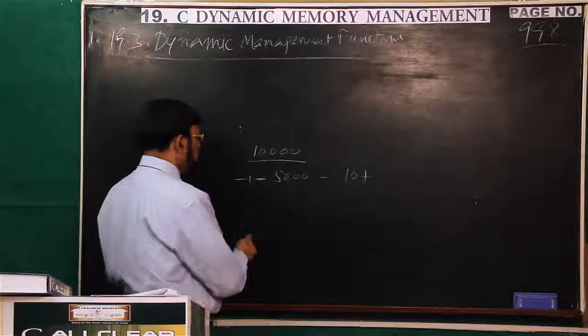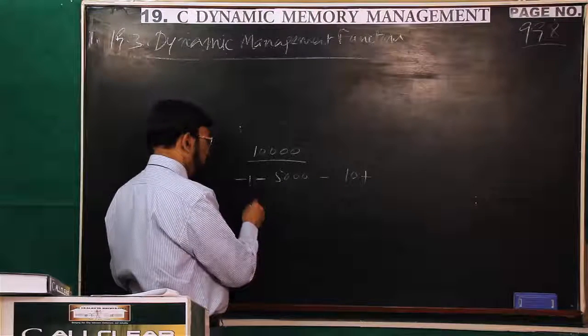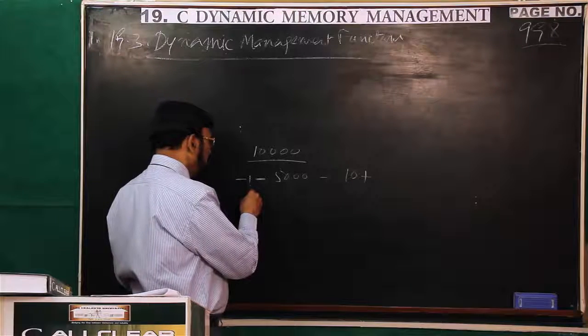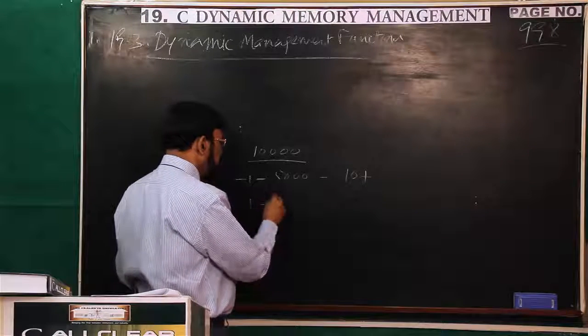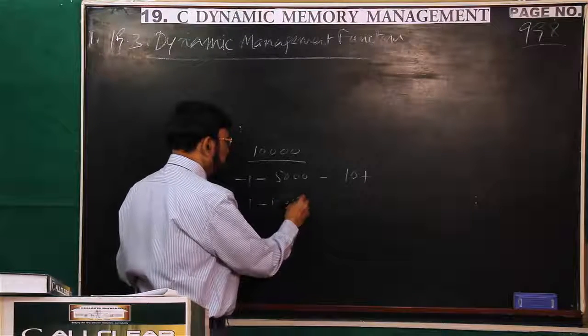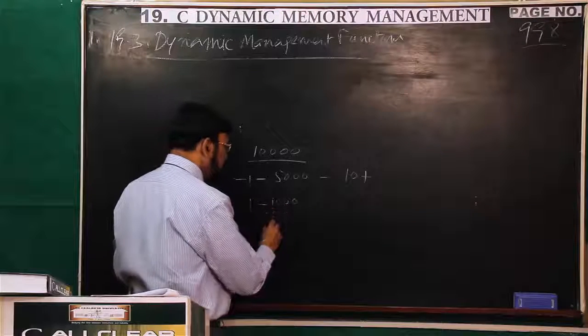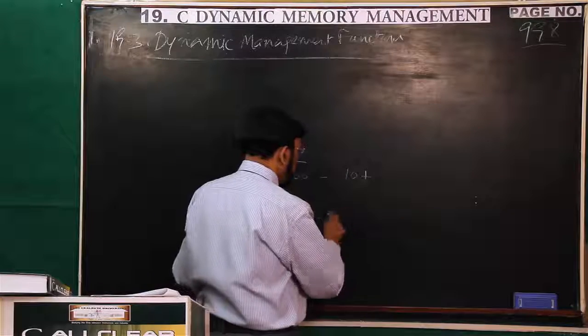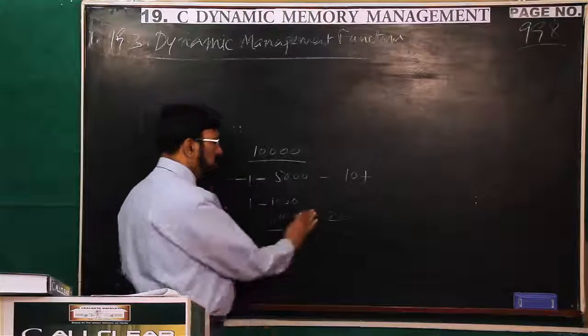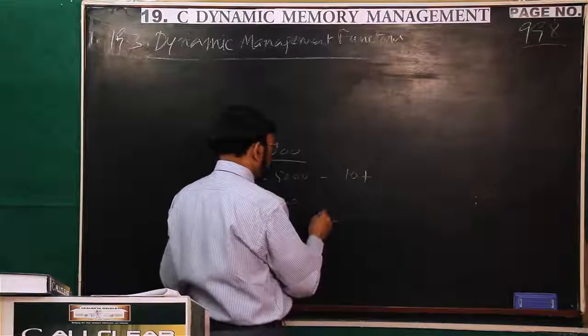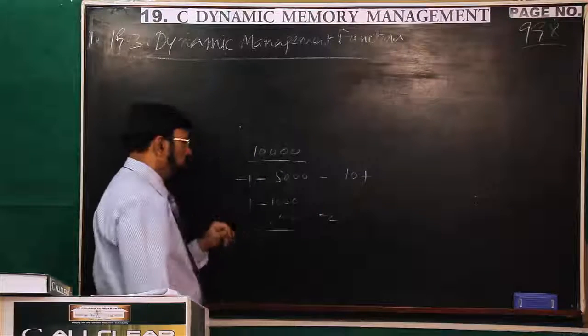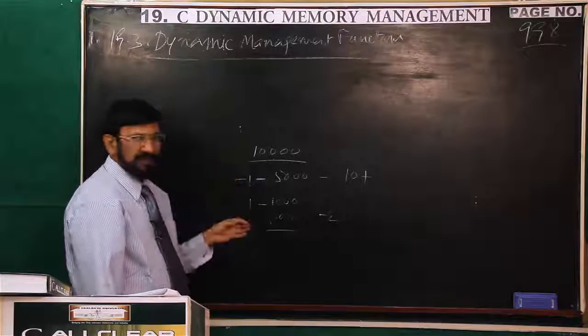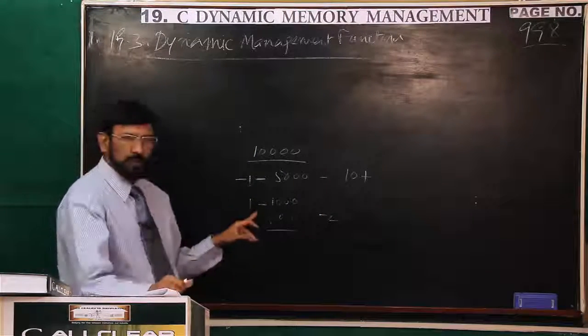Suppose one shareholder already is having 1,000 shares. He purchased 10,000 shares from 20 people. Then what happens? From this 10,000, 20 is minus, but no addition, because he is already a shareholder.